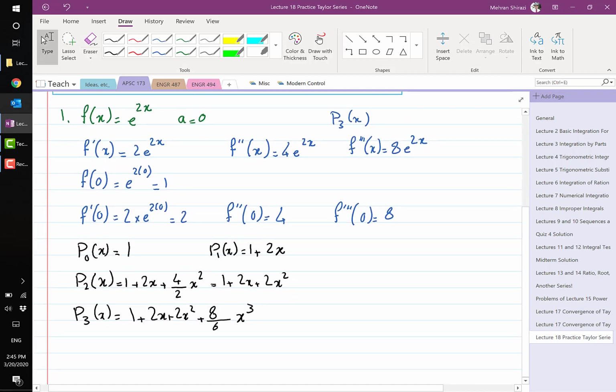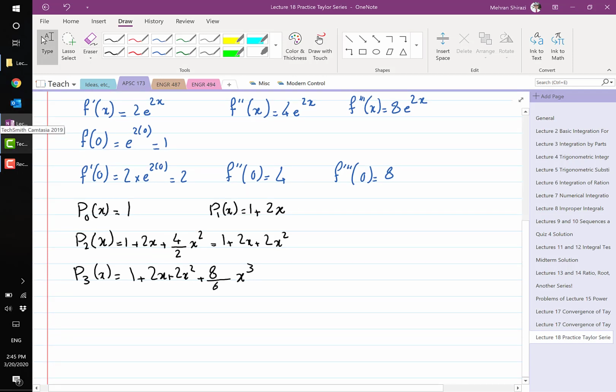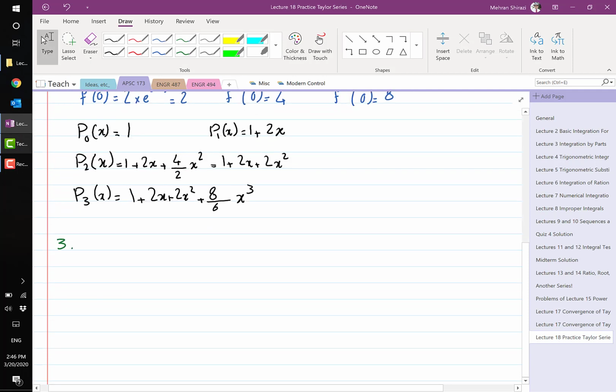Let's go to question 3. In question 3, we have f of x as ln of x and a is 1.